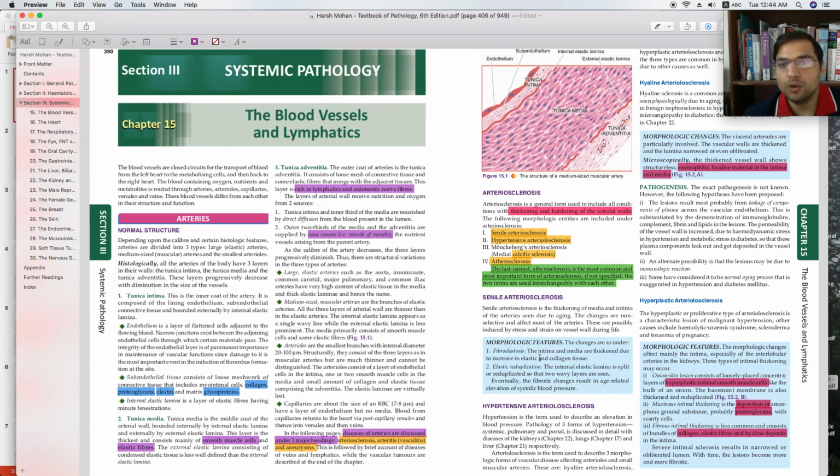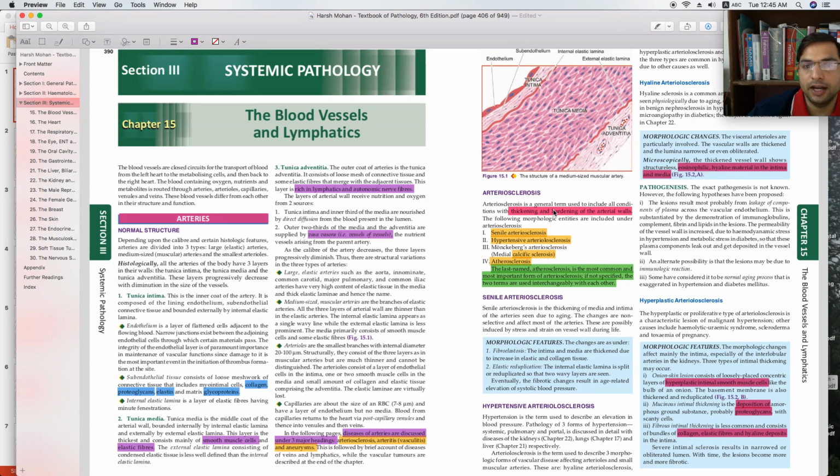So coming to arteriosclerosis. Arteriosclerosis is thickening and hardening of the arterial wall. Sclerosis is hardening, right? The word sclerosis comes from hardening. So when the blood vessel walls become thicker than their normal size, and they also become hard, they lose their elasticity.